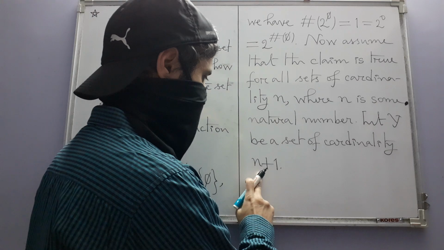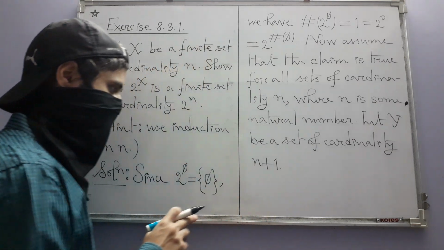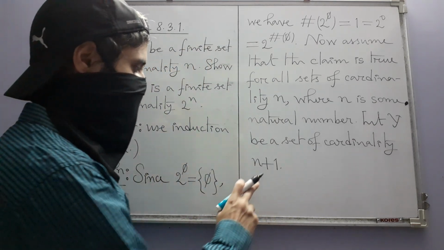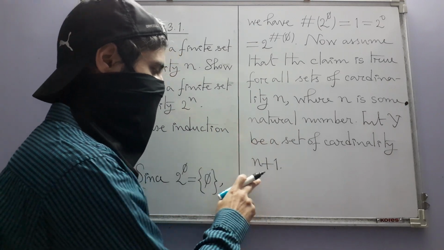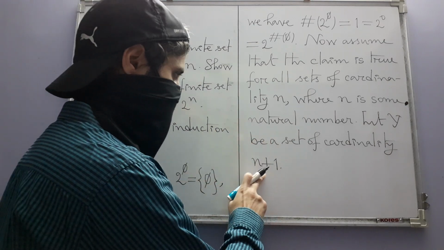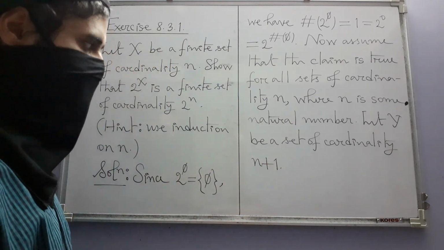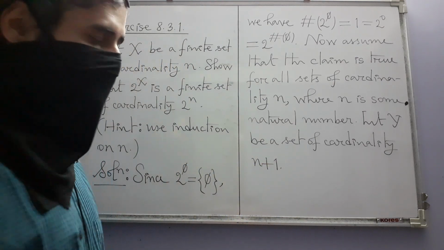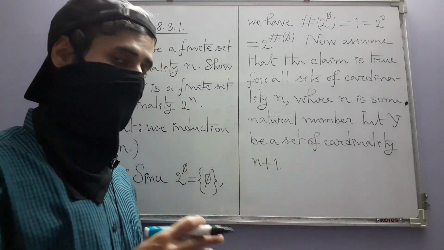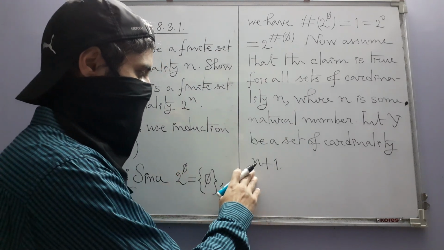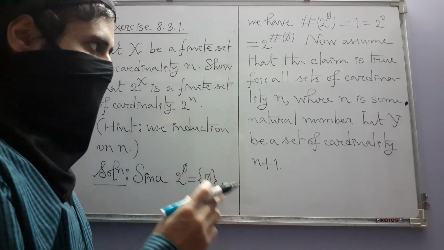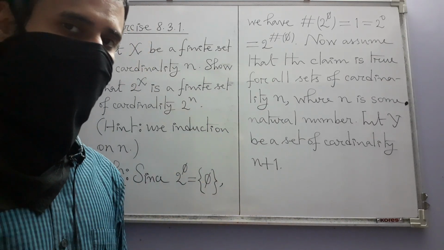For example, you may remember that in the section on finite sets, we have actually come across one lemma which shows that if the cardinality of a set is n plus 1, where n is some natural number, then the set will be non-empty, and then its non-emptiness allows us to choose one element in it.